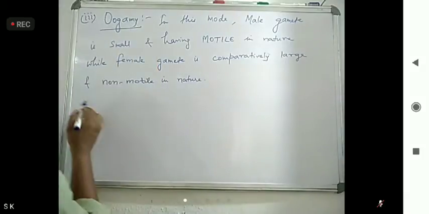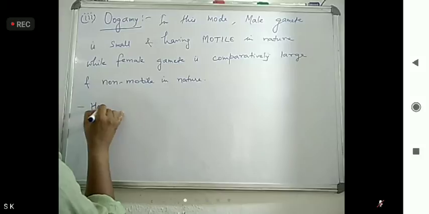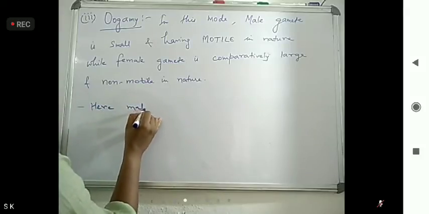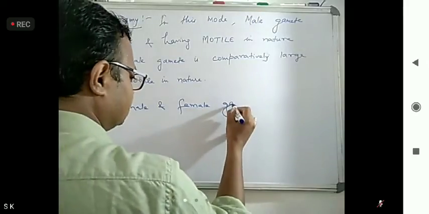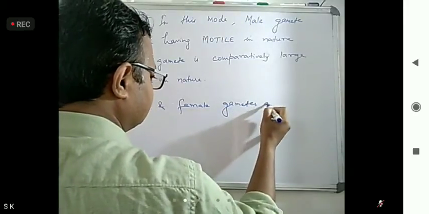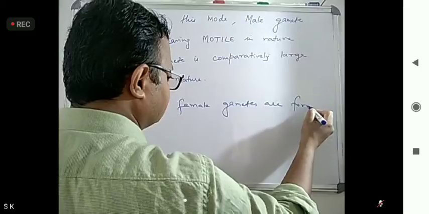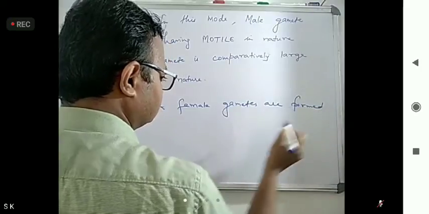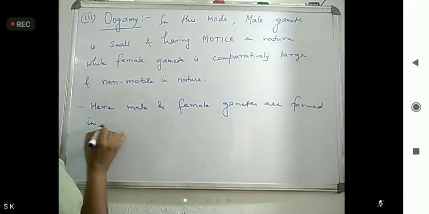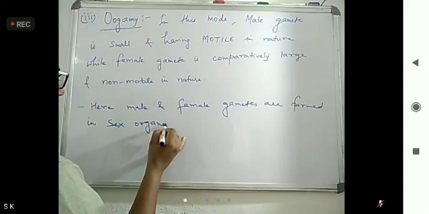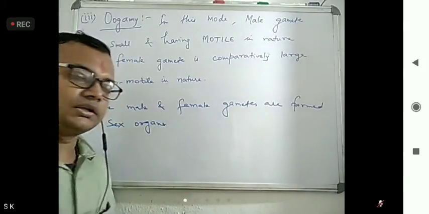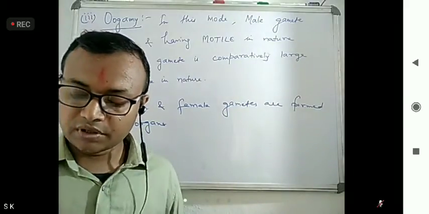So here, male and female gametes are formed in sex organs. Okay, so these are the modes of reproduction.